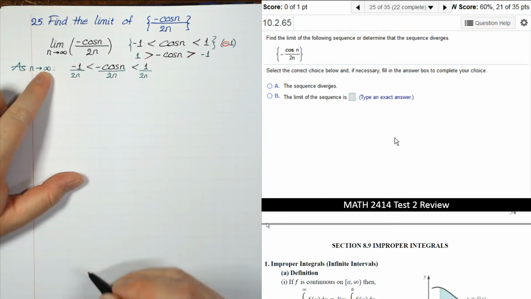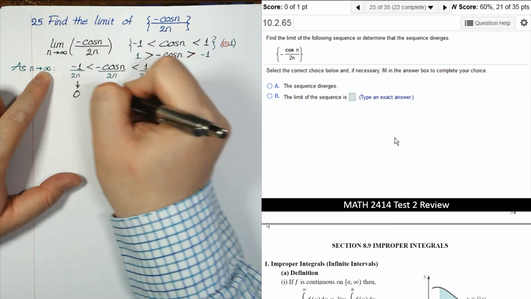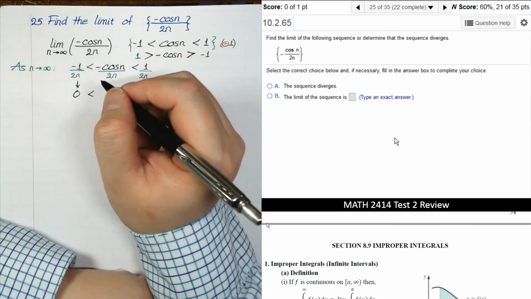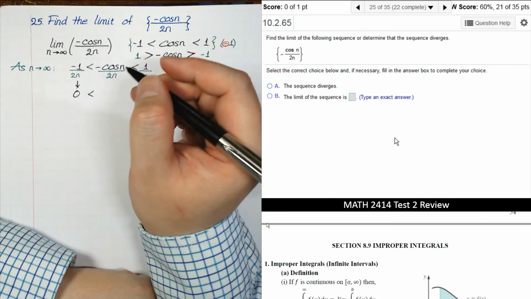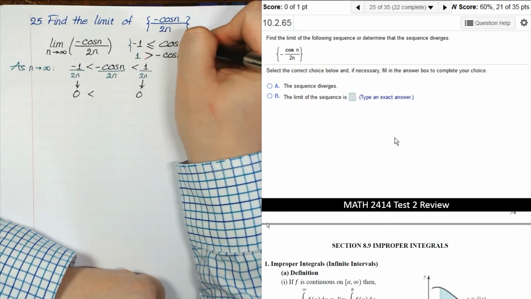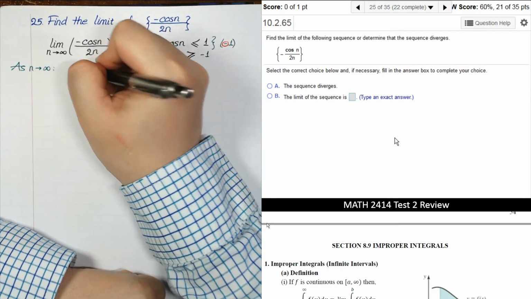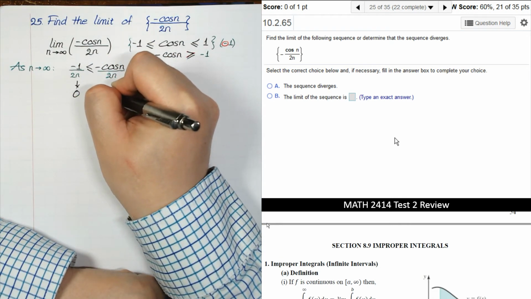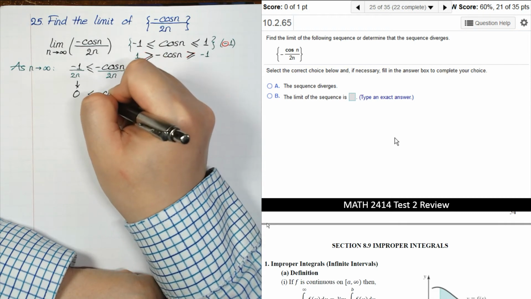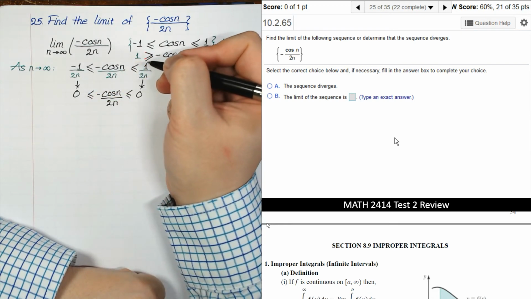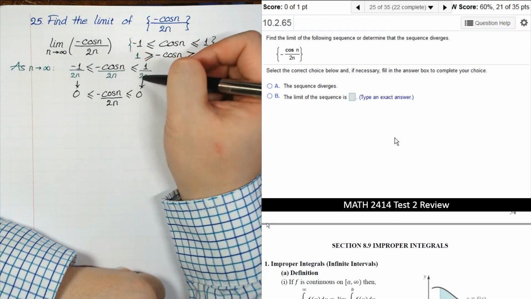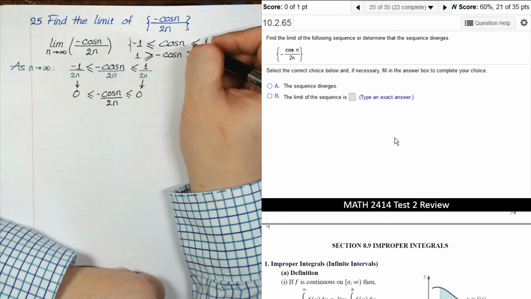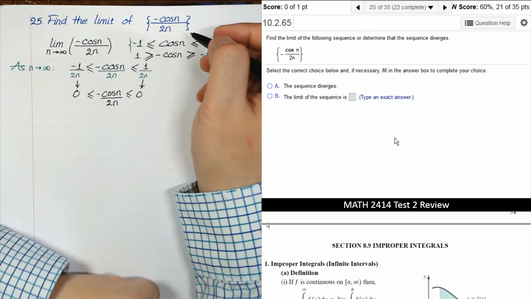However, as n goes to infinity, this goes to 0, and this goes to 0. And one thing that we forgot from the beginning is that it could be equal to. There's a reason I need to do that. The squeeze theorem works out perfectly. If the left side goes to 0 and the right side goes to 0, the middle has to go to 0. So the equal sign is essential.